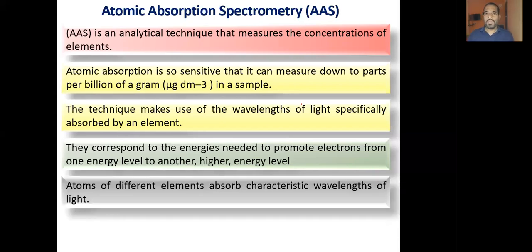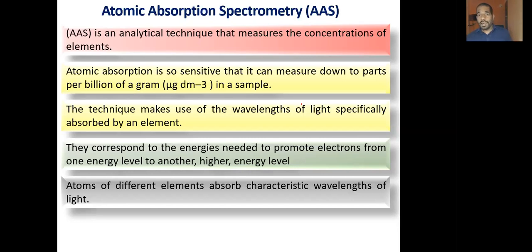Then the atoms of different elements absorb characteristic wavelengths of light. For example zinc, copper, iron: those elements have different atoms, and the atoms of different elements have characteristic wavelengths.